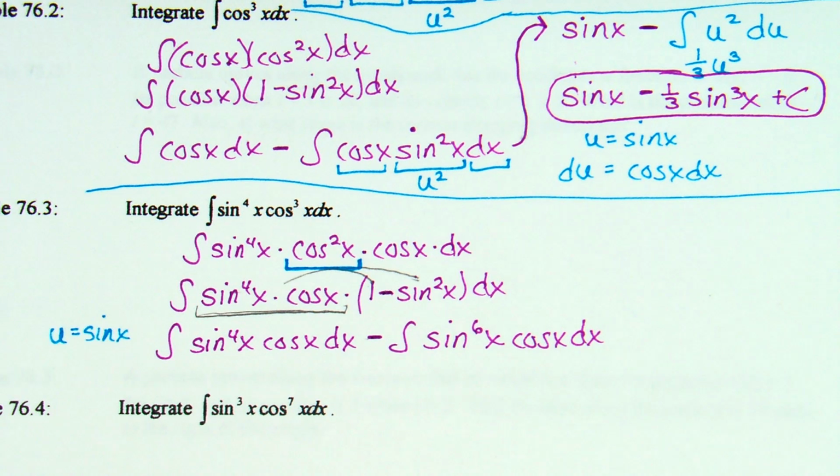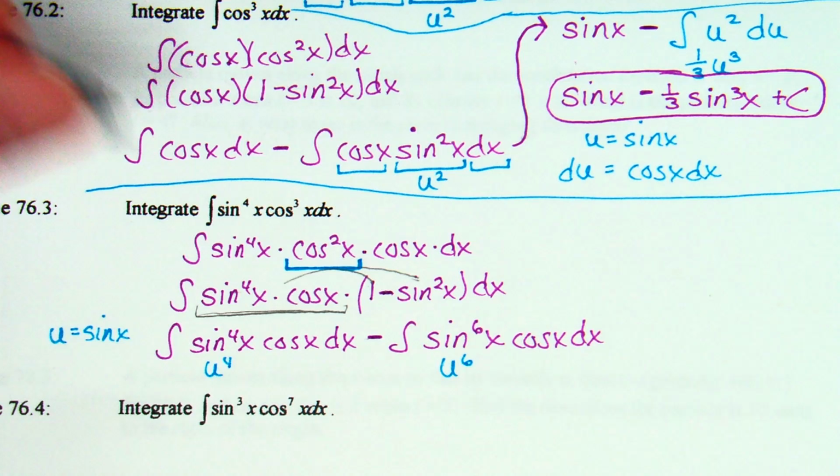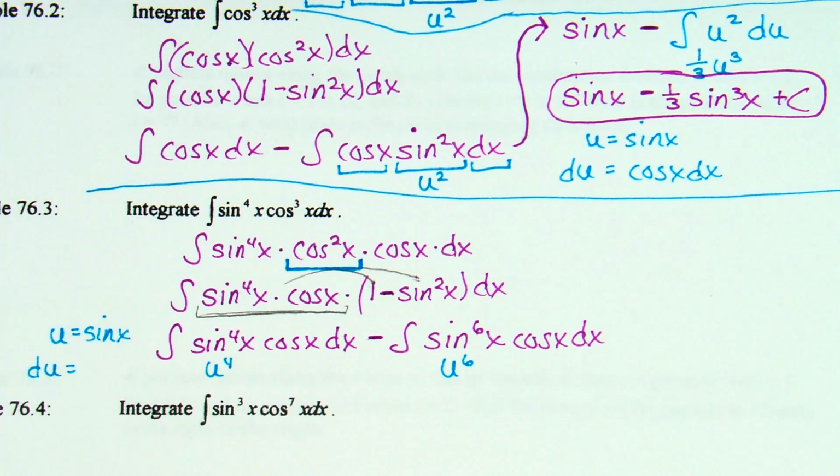If u is sine x, what is du? So if u is sine x, the derivative of u is du. The derivative of sine x is cosine x dx. So if we rewrite this, we have the integral. Sine to the fourth is u to the fourth.